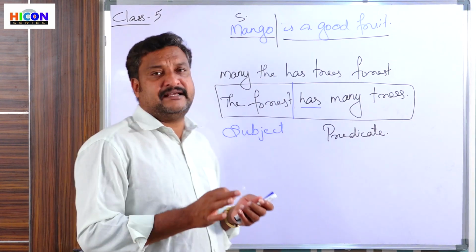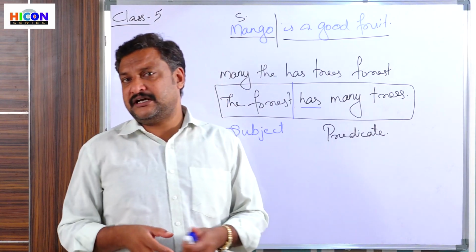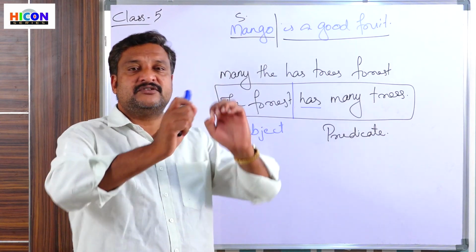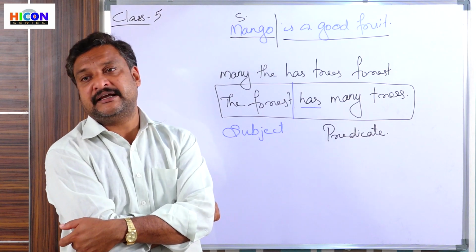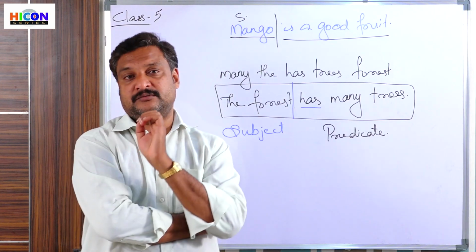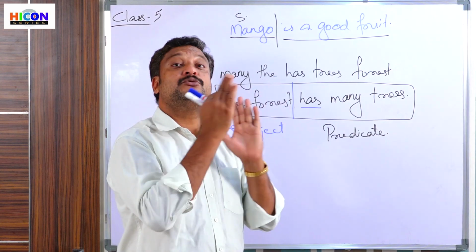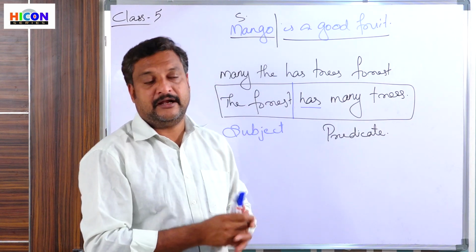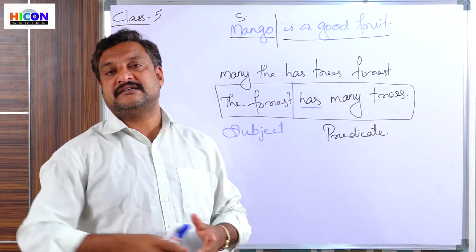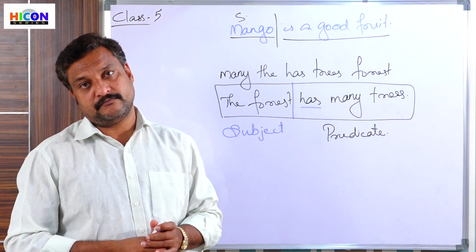So every sentence has this subject and predicate, and the easiest way to identify them is to locate the verb. Until the verb is usually the subject, and from the verb the remaining part is the predicate part.